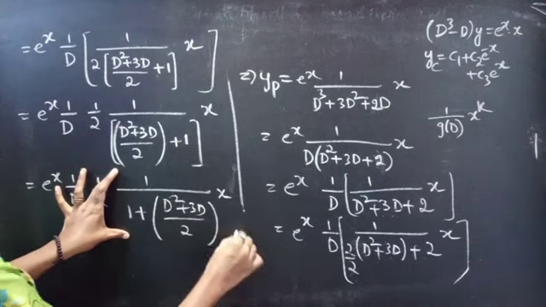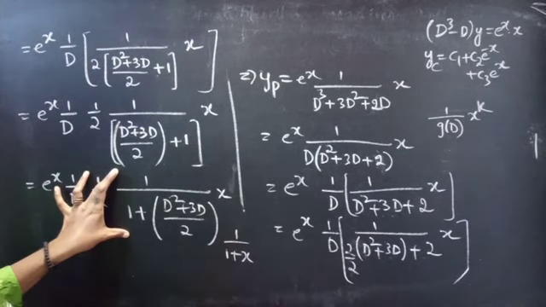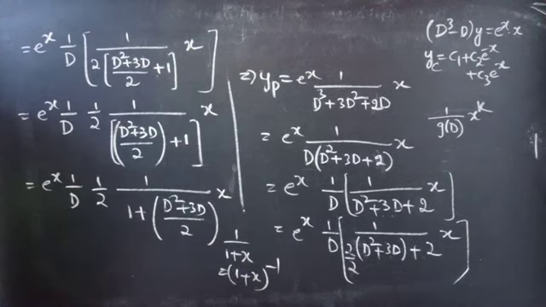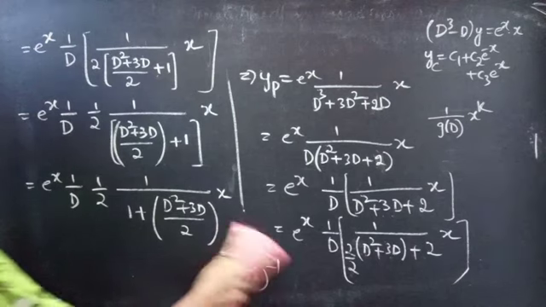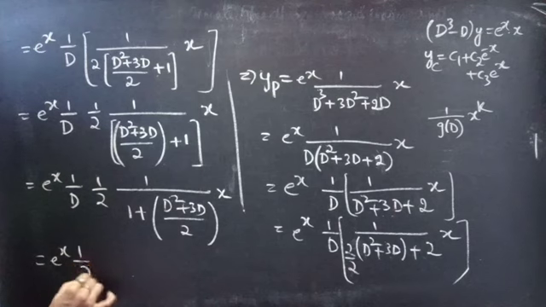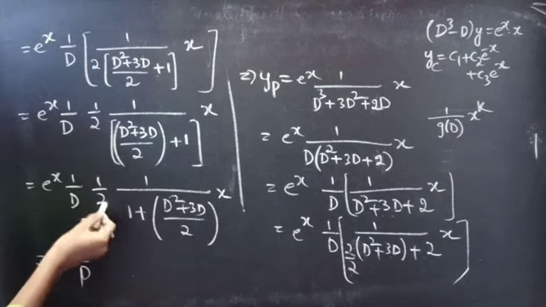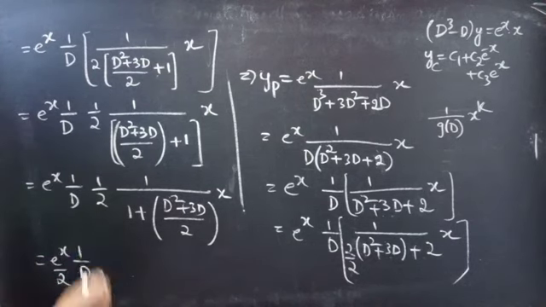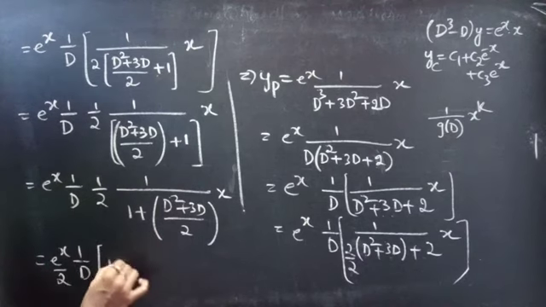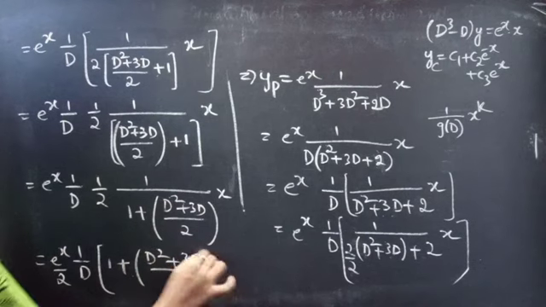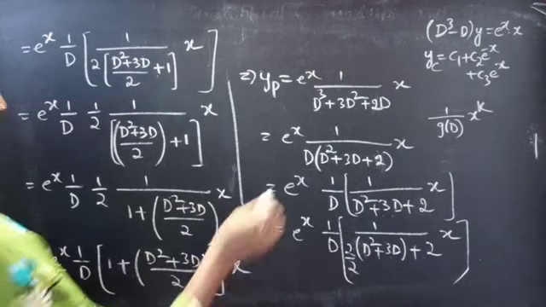Now this fraction is of 1 by (1 plus x) form, right? We can write it as (1 plus x) whole inverse, and later we can use binomial series expansion. This becomes e power x into 1 by D. E power x into 1 by 2 can be written as e power x by 2 into 1 by D into (1 plus (D square plus 3D by 2)) whole inverse into x.